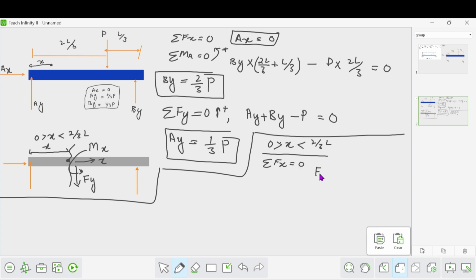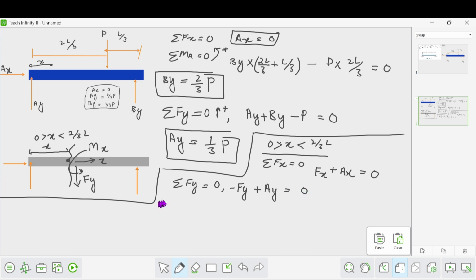So this is Fx plus Ax, this force equal to 0. Summation of vertical forces equal to 0: this is negative Fy, the force directed down is negative and the force directed up is positive, this is Ay, and there is no other vertical force, equal to 0.